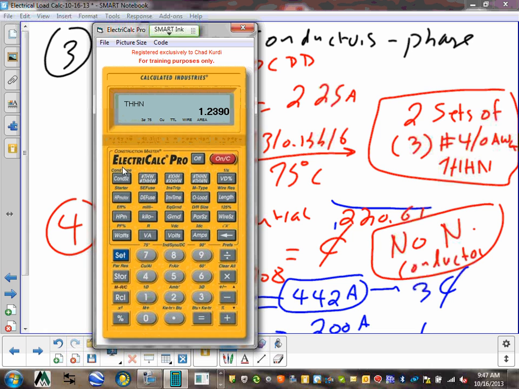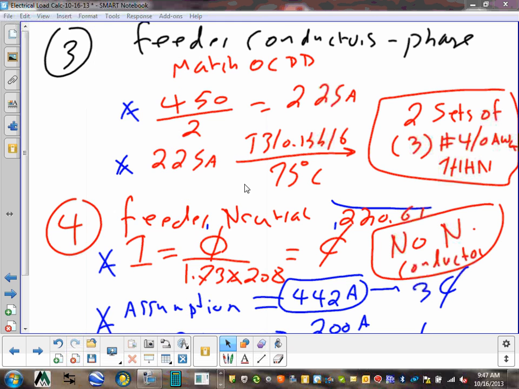And then what was the ground? That was number 2? Number 2. Wire size, and number 1, THHN. This is my total. I hope I did it right. And here's my conduit size. 2.5.